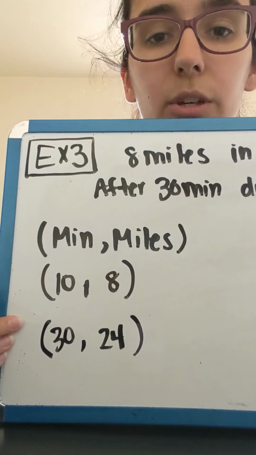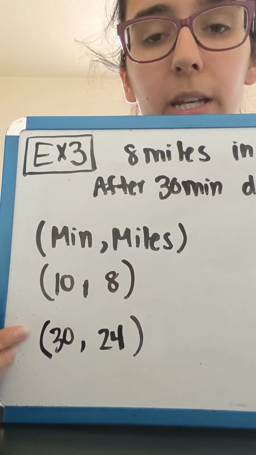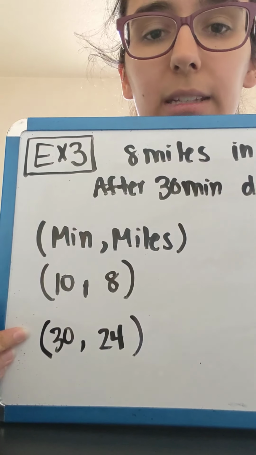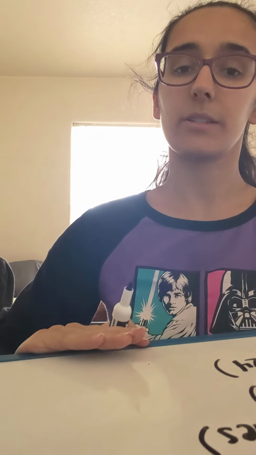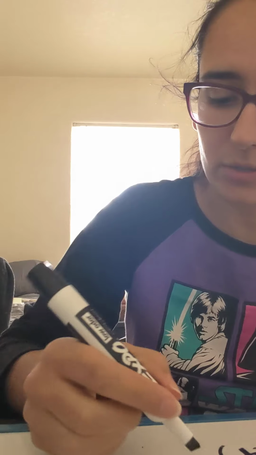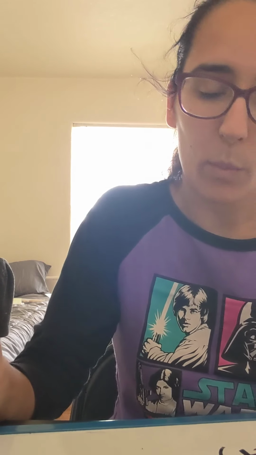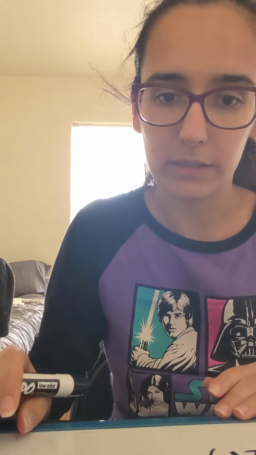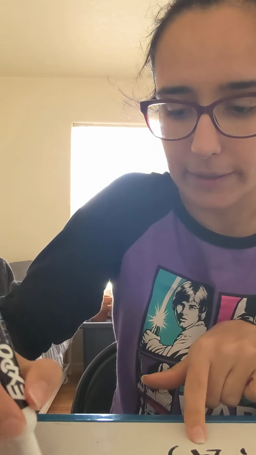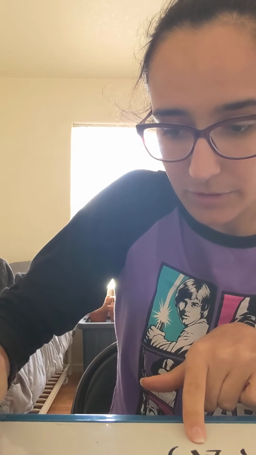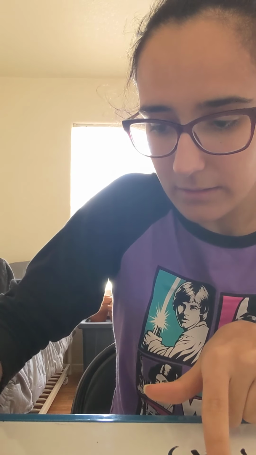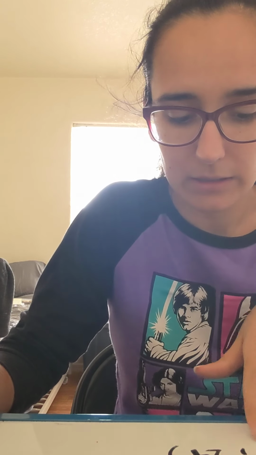And we know by the slope formula, if we have 2 ordered pairs just like this, we can plug it in. So that's what we do. We just have to use the slope formula again. m equals y2 minus y1. y2 is 24, subtract y1, that means subtract 8.